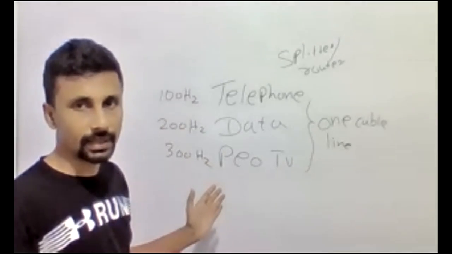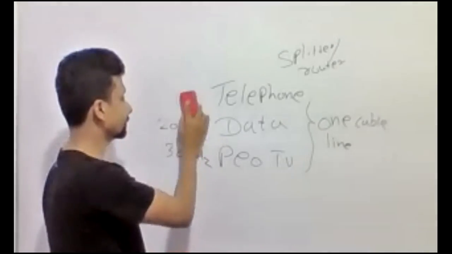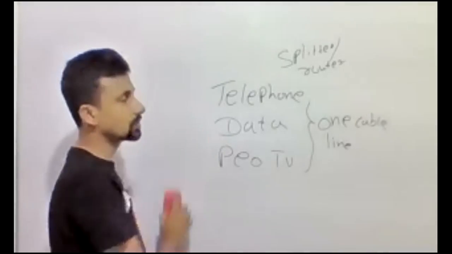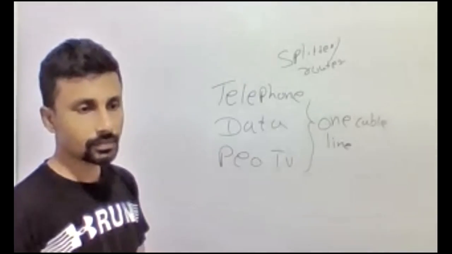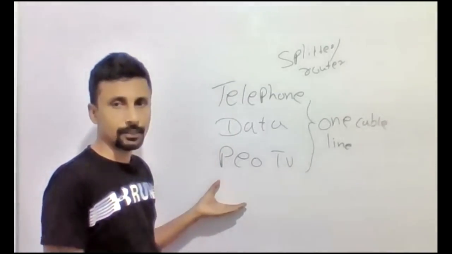It is taking frequency to separate the signals. If it is time division multiplexing, they are using time slots to separate these signals.